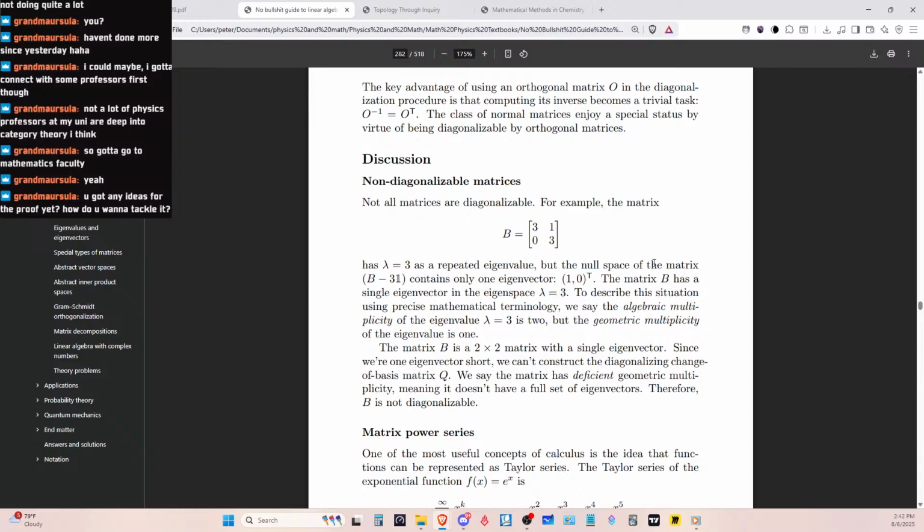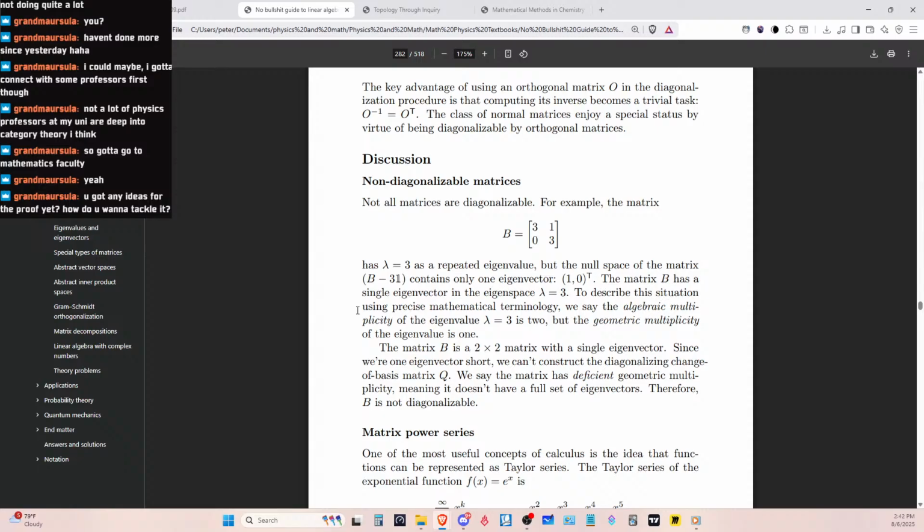Okay, so the null space of the matrix B minus 1 contains an eigenvector of the transpose. The matrix B has a single eigenvector in the eigenspace.